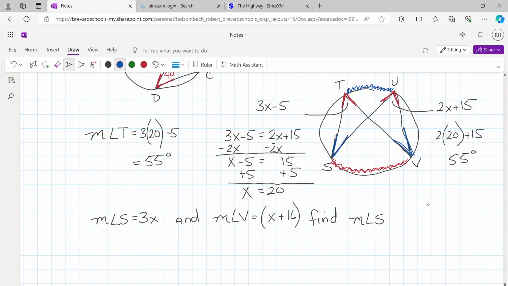So what we get here is that the 3x is equal to x plus 16. Angle S is congruent to angle V. So subtract x from each side. 2x would equal 16. Divide both sides by 2, and our x is equal to 8.